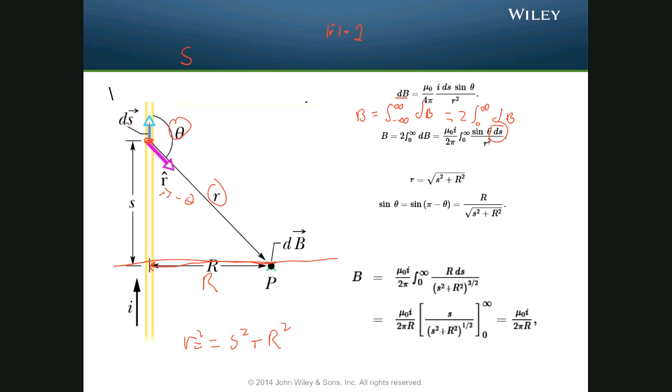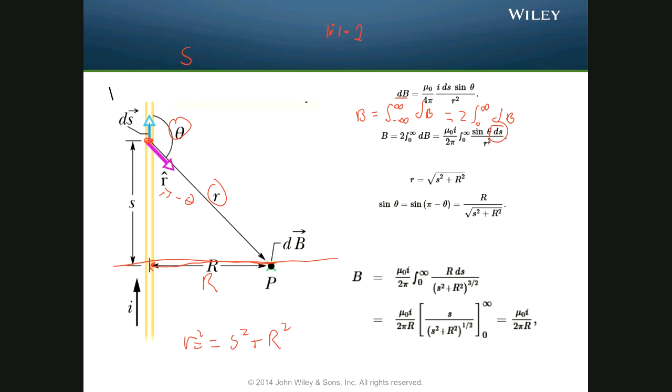So it says here that sine theta is equal to sine of pi minus theta. If you don't believe me, play around with it in your calculator until you're convinced. So the sine theta of this angle, which we're interested in, will also be equal to sine of pi minus theta.